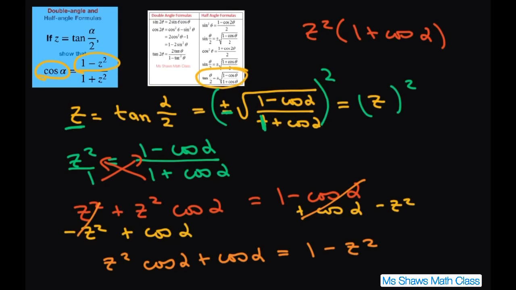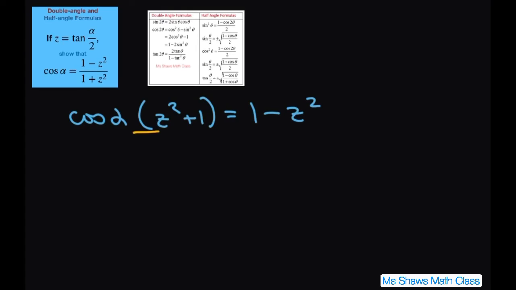All right, the next step I want to do is factor out a cosine here. So I'm going to factor out cosine, and that's going to give me cosine of alpha times (z squared plus 1) equals 1 minus z squared.